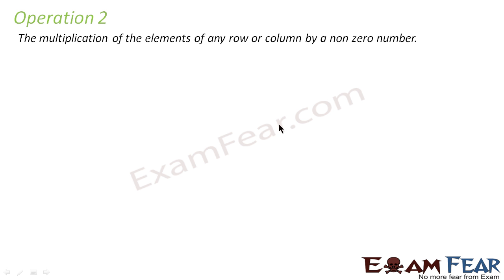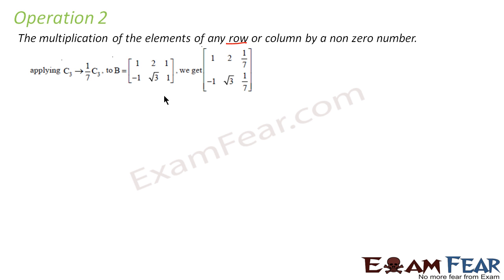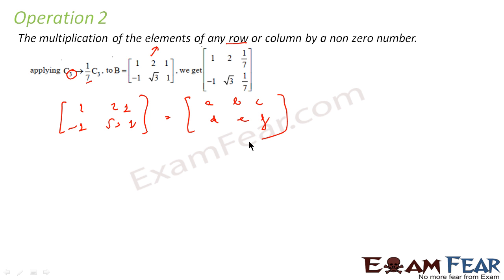Let's take operation 2: the multiplication of the elements of any row or column by a non-zero number. That means, let's suppose you have this matrix and you multiply column C3 by 1 by 7. Then you get this. You have this matrix 1, 2, 1, minus 1, 2, root 3, 1, and this is equal to A, B, C, D, E, F. Now, when I'm saying C3, this is my column 3, equals 1 by 7 into C3.